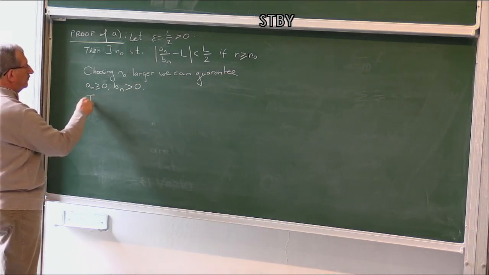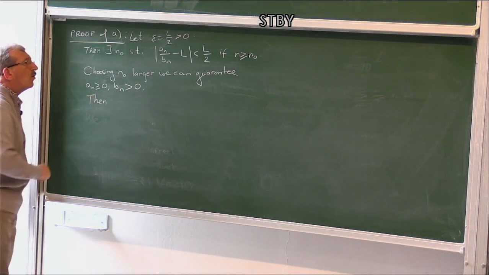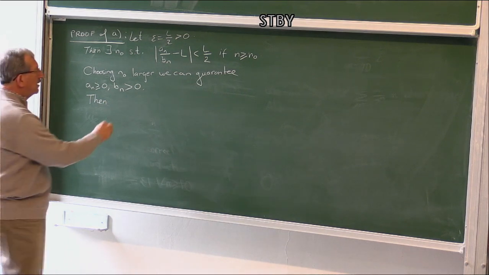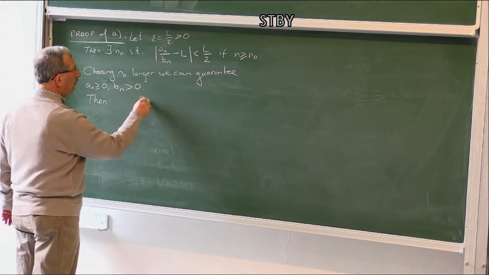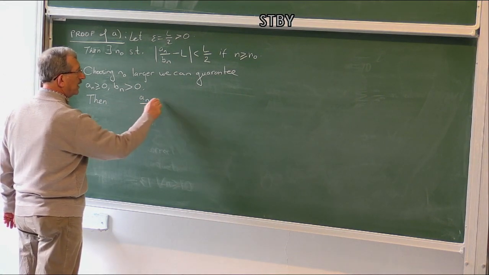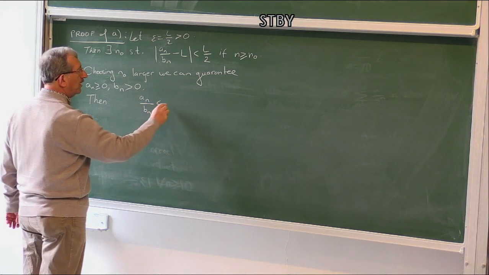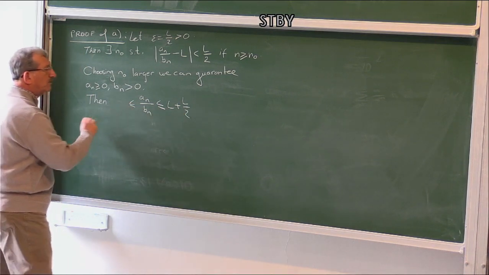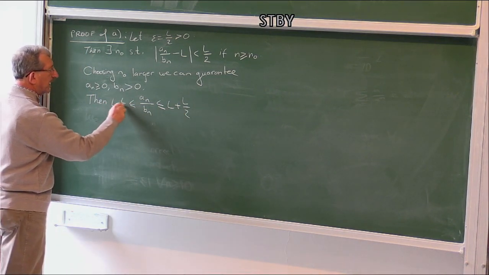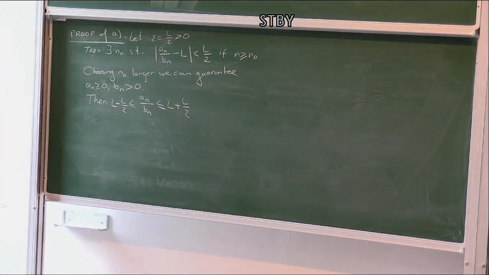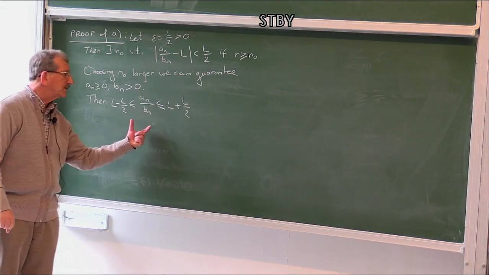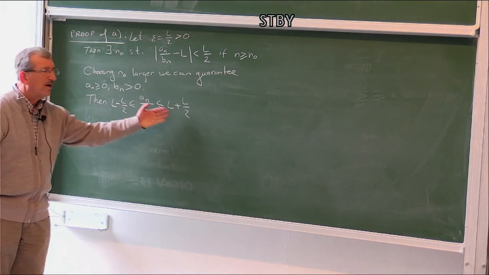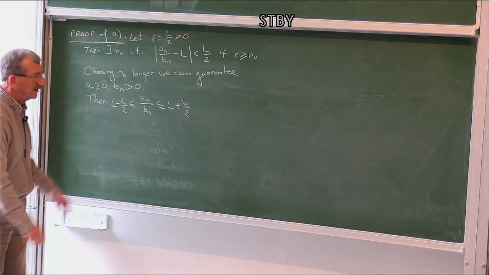But then, what does that tell us? It tells us that An over Bn is bounded by L plus L over 2 and is greater than L minus L over 2. Okay. Because the inequality precisely says this. Actually, you have strict inequalities. That is not the point.